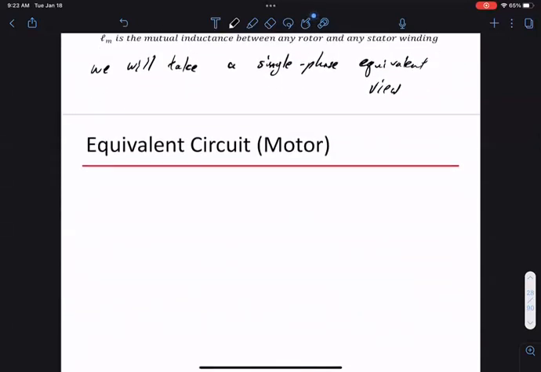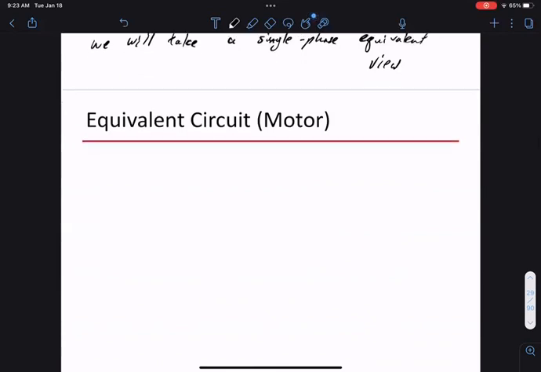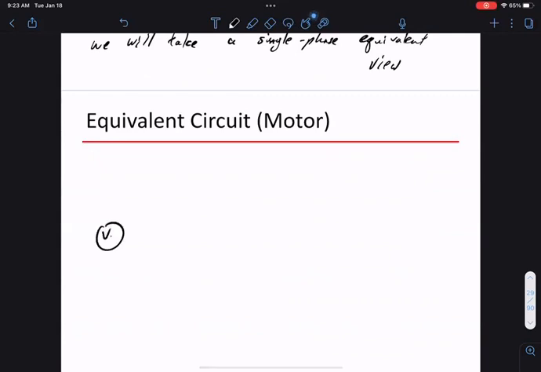So the single circuit equivalent of a motor turns out to be very simple. Our single phase equivalent is tremendously simple. This is saying that you have A1, you have some voltage at A1. On the stator, you have some resistance.